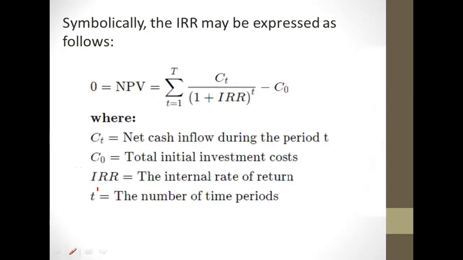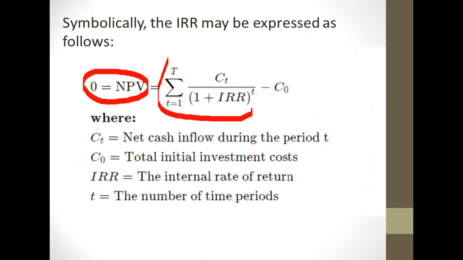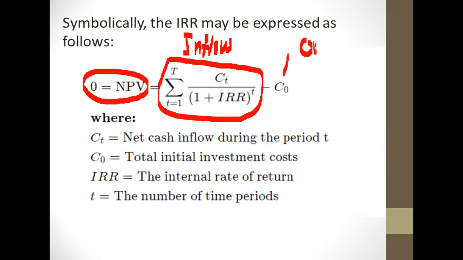This is the formula. Symbolically, internal rate of return may be expressed as follows. Here NPV should be 0. This is the cash inflow, what we get, or the present value of what we get over the years. And this is the cost or outflow.